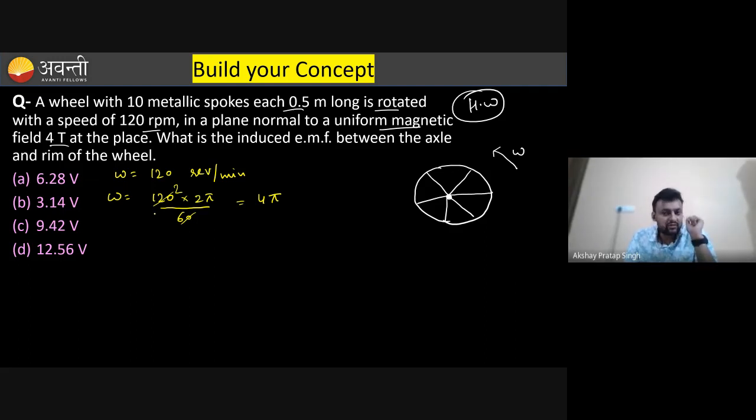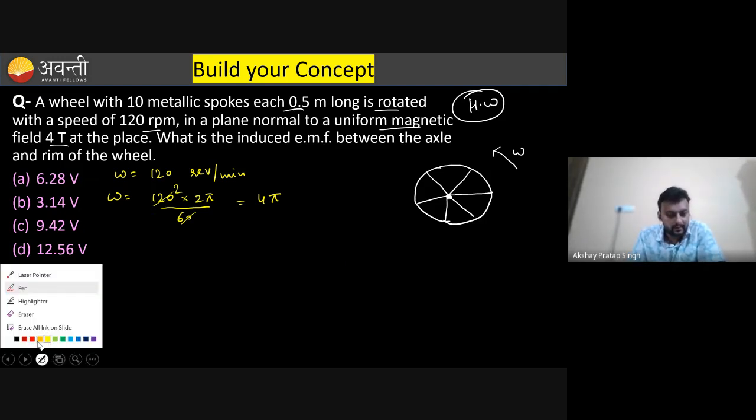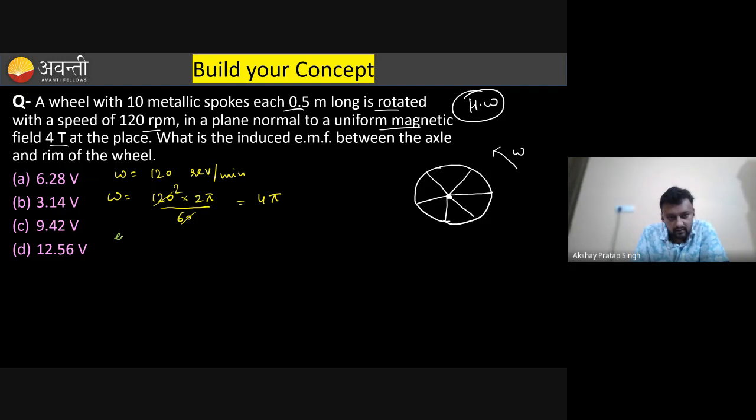What is the EMF developed in one spoke? So I will write, EMF induced in one spoke. You will say E is equal to half B omega L square. I hope you remember this relation.